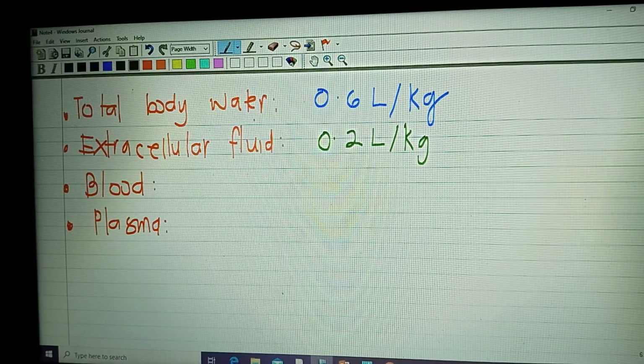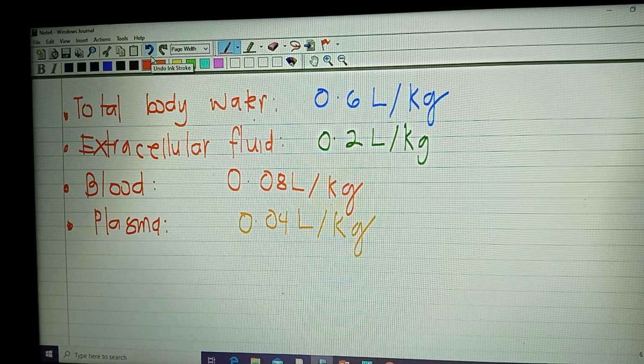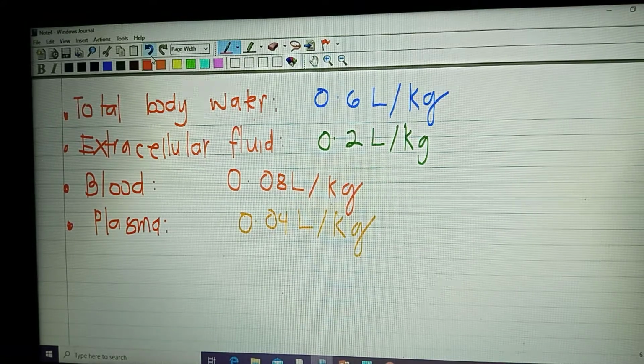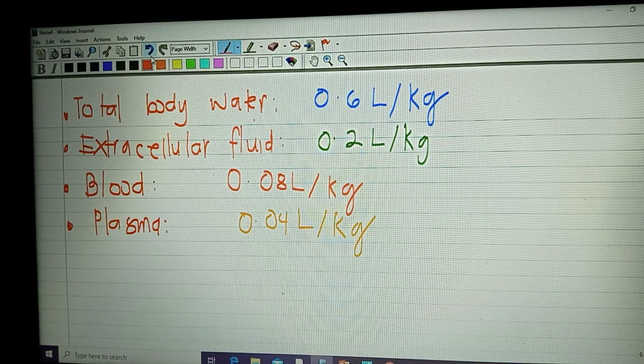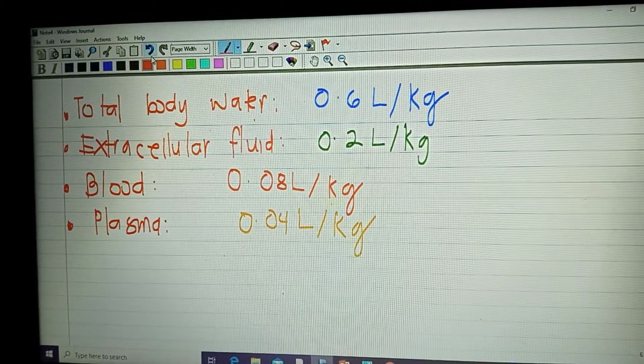Your blood is around 0.08 liters per kilogram, while your plasma is around 0.04 liters per kilogram. Which is a very obvious explanation that plasma is smaller than the total body water compartment.